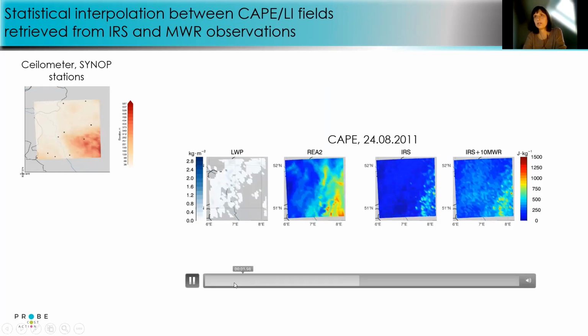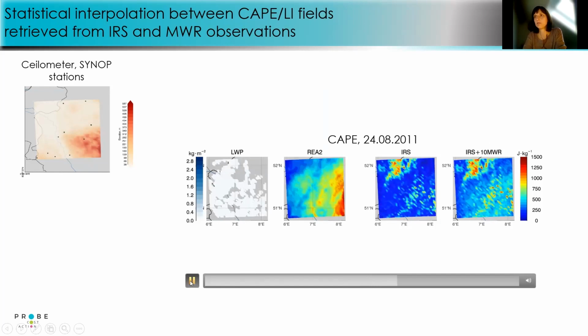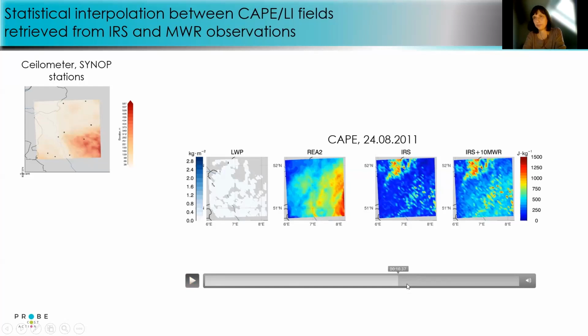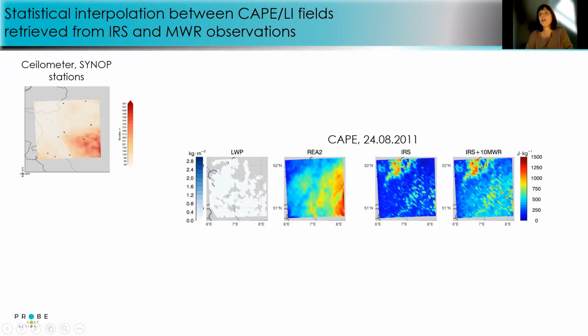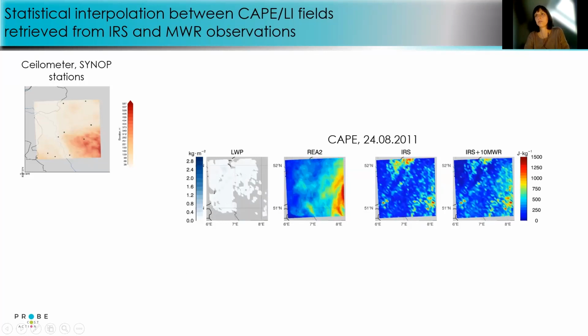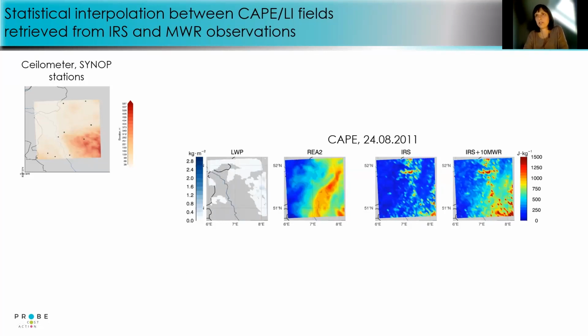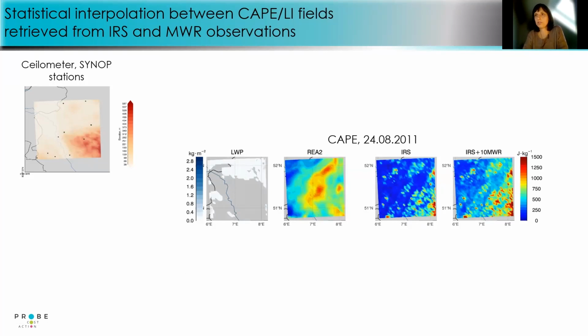And in case the infrared sounder provides an entirely wrong field, for example here, wrong field of CAPE, this field cannot be corrected with 10 microwave radiometers. So the main limitation of this method applied to CAPE fields is the low accuracy of IRS retrieved fields itself, and also the high variability of CAPE index.